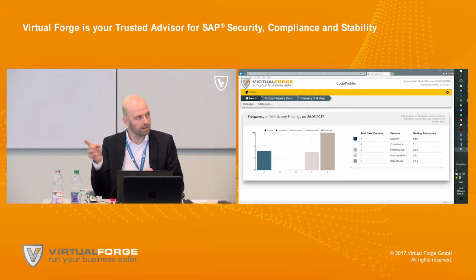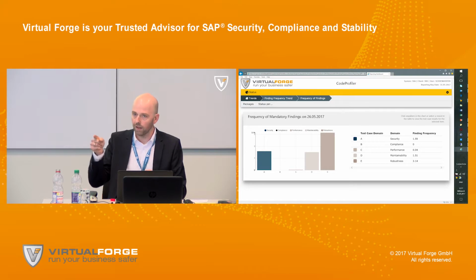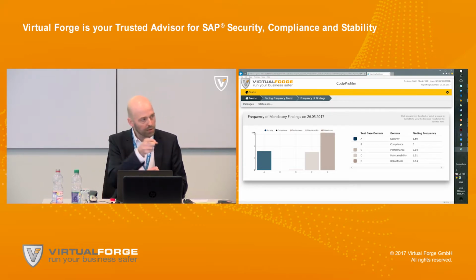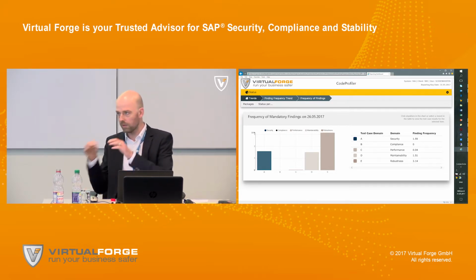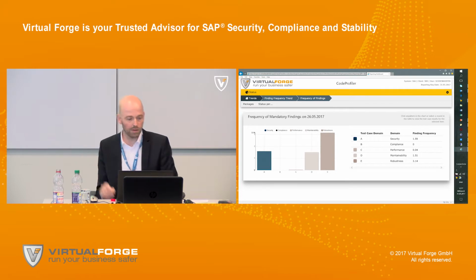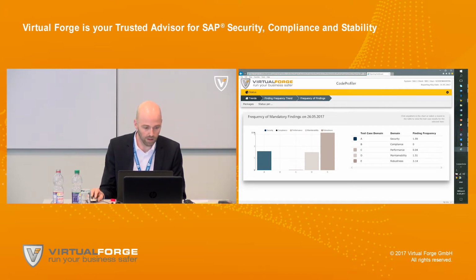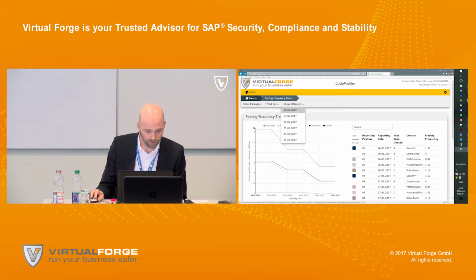There was a link Joachim mentioned on one of the slides, a horizontal link between trends and status reporting. So now I switched away from the change in time to a distribution on a certain date. That would be the finding frequency on the 26th of May. Okay, so I can pick any date I want to.